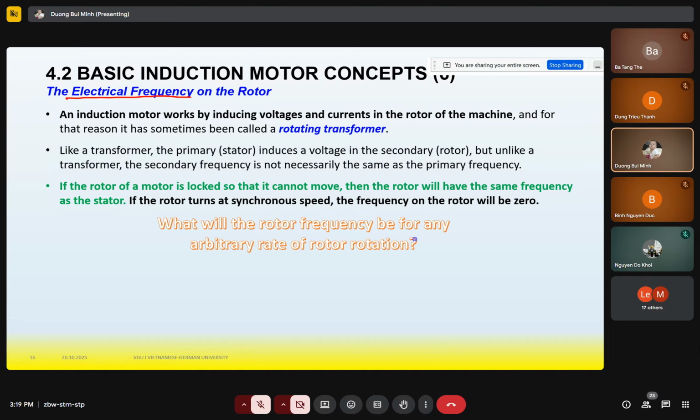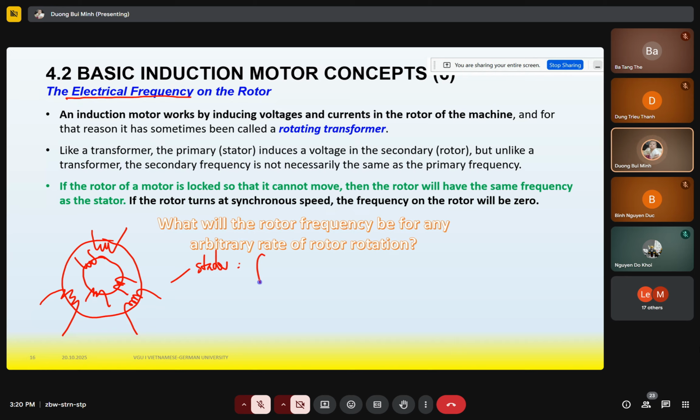That means for the stator, we have winding phase A, phase B, and phase C. For the rotor, we also have phase A, phase B, and phase C. At the stator, we have f_se, where se is stator electrical frequency. At the rotor, we have f_re, that means the rotor electrical frequency.